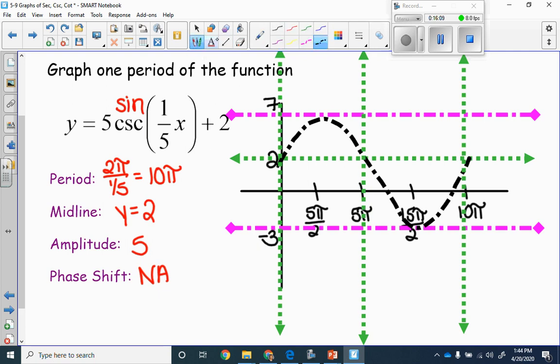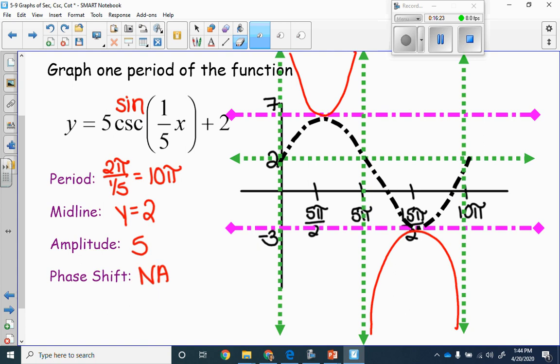And then where I touch my maximums and minimums, that's where we're going to bounce off of that function. And so now if I take my eraser and I get rid of this in between here, there's your function for the cosecant.